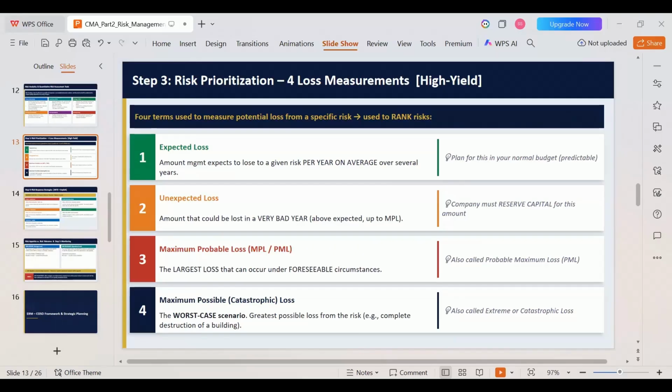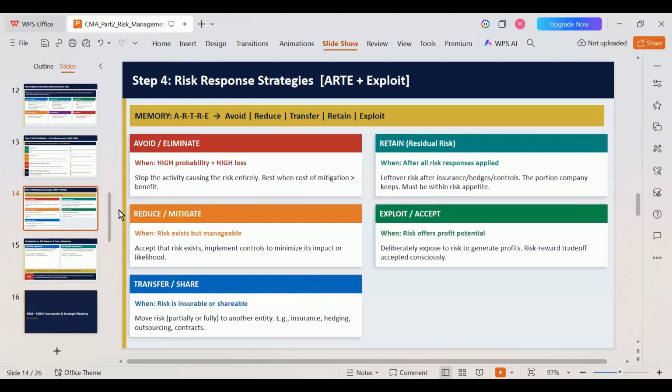Risk mitigation, yes. Risk avoidance, perfect. Acceptance, exploiting, perfect. Then one more. Risk transfer, yes, and risk retention as well. Good. So these are our 5 risk response strategies.